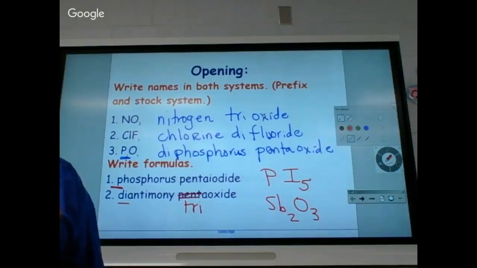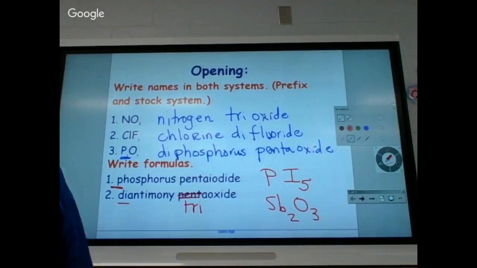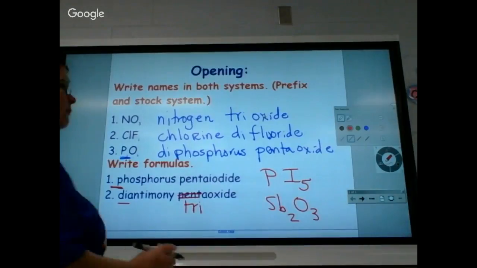I flipped the numbers again. Oh. I guess. There's no crisscrossing in this, and that's the challenge and why I hate doing old system, because y'all are so ingrained to crisscrossing with stock, it's hard to remember that old system does not do that. Stock crisscrosses, old system does not. So what is the second one supposed to be? Sb2O5? Yeah.